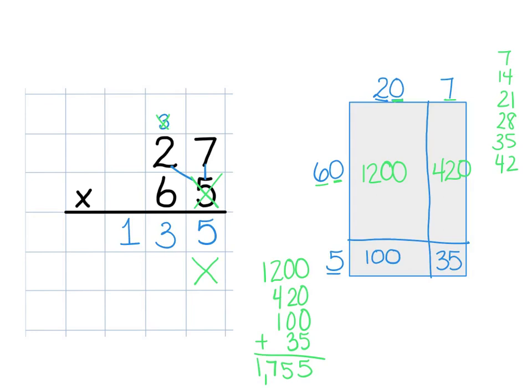Now I'm going to multiply 7 times 6. Okay, if I don't remember what that is, luckily I wrote my 7s over here. 7 times 1, 7 times 2, 7 times 3, 7 times 4, 7 times 5, 7 times 6 is 42. So I'm going to write my 2 below and my 4 on top.